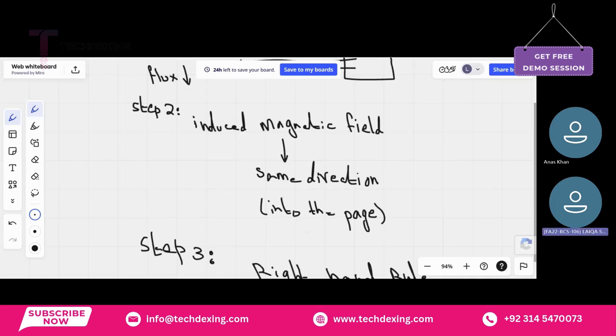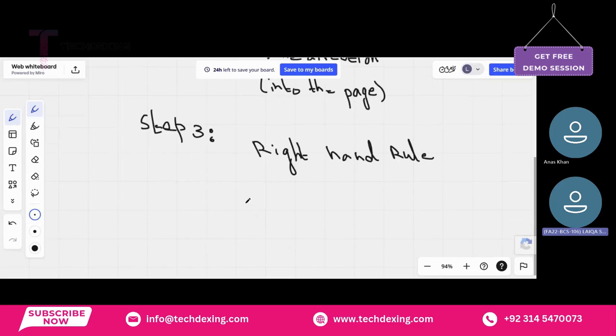In this case, it is into the page, so we point our thumb towards the screen. And what would be the direction of the curl of our fingers? It would be clockwise. Very good, excellent. So the induced current would be clockwise.